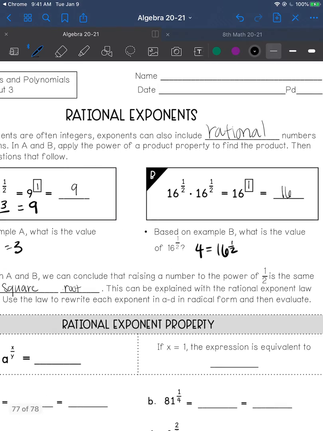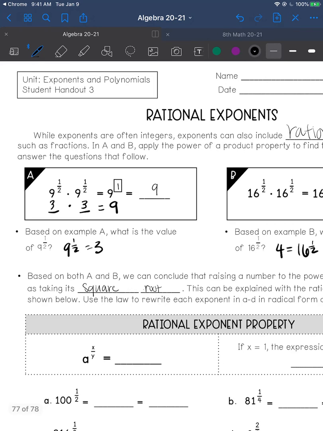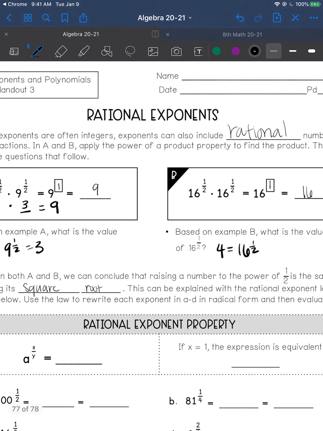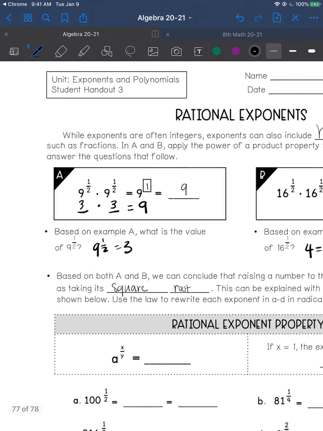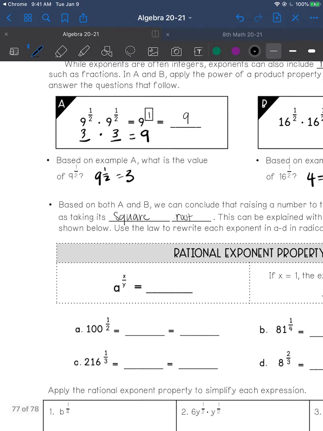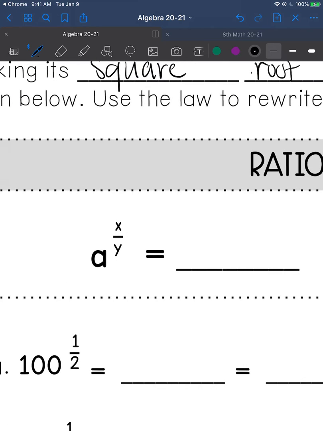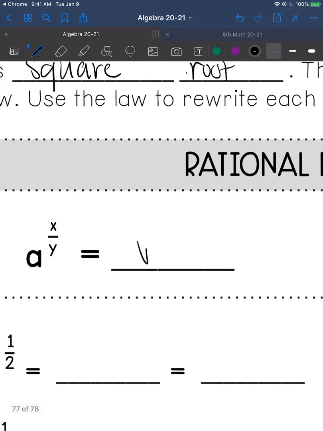This can be explained with the rational exponent law shown below. Use the law to rewrite each exponent in A through D in radical form and then evaluate. So if we have a to the x divided by y, in radical form that is the y root of a to the x.